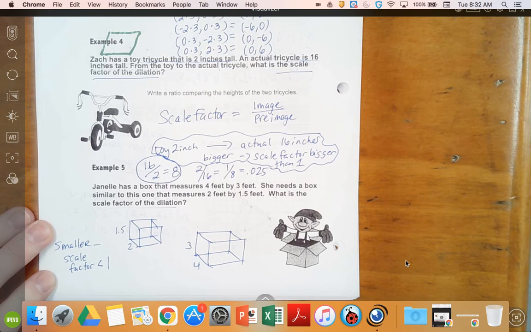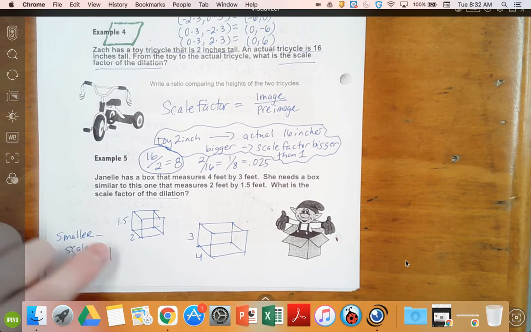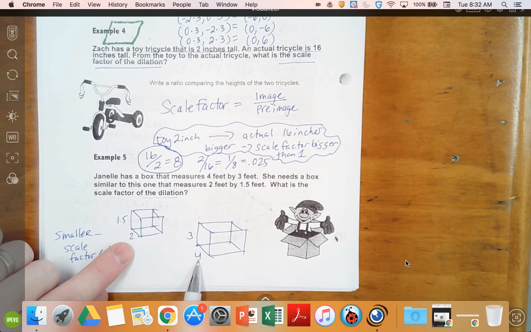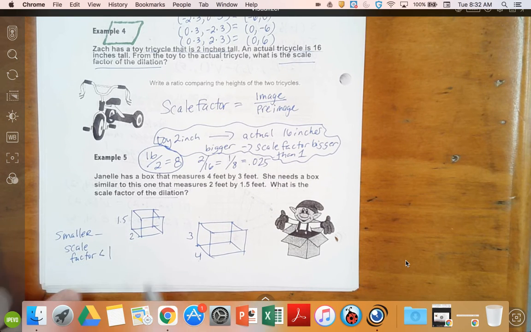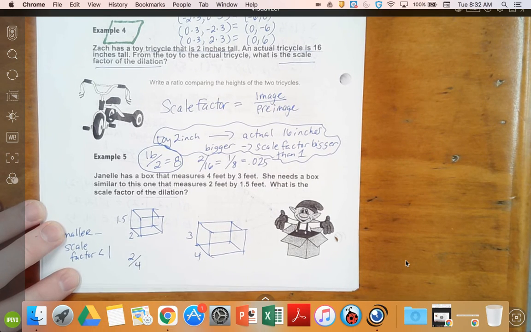So that's going to help me out to know which is my correct ratio. So all I need to do is just take, so these two are matching sides. So let's check. Is it going to be 2 divided by 4 or 4 divided by 2? So 4 divided by 2 is 2, and 2 divided by 4 is 1/2, or 0.5.